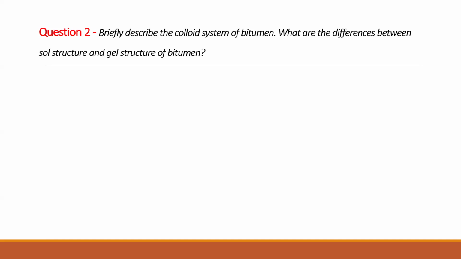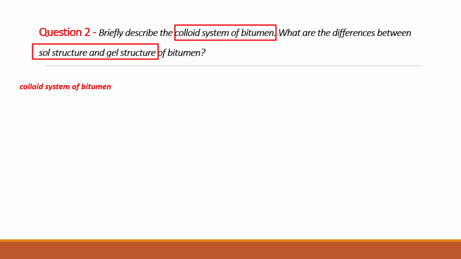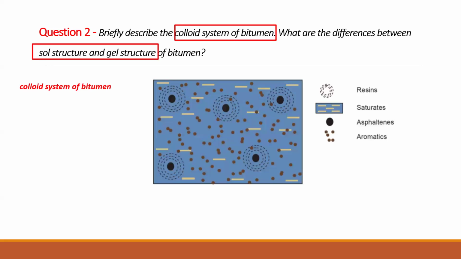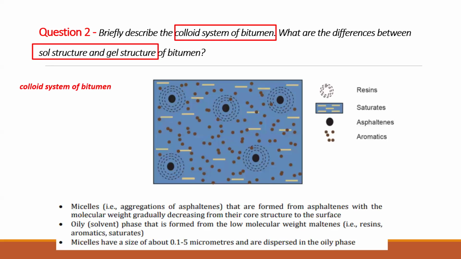So these micelles, which are asphaltenes, are dispersed in the oily phase, the maltenes, which consists of resins, aromatics, and saturates. Are we good? Any question?